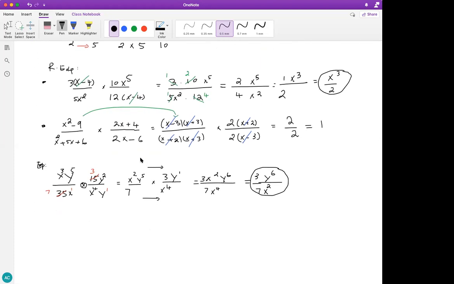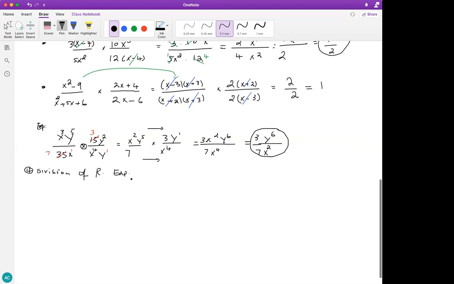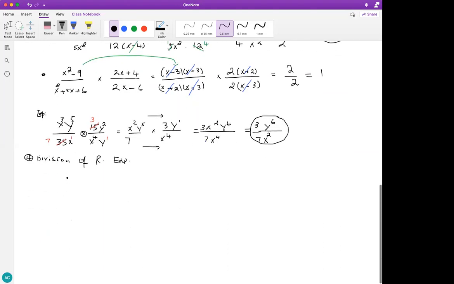Now let's talk a little bit about division. Division is not much different from multiplication. There's one little change we need to make in the beginning, and then I'm going to repeat the same thing. A division of rational expressions. Before we do the actual expressions, let's review some basic fractions and divisions. If you have 3/2 divided by, let's say, 5/7, how do you divide fractions?